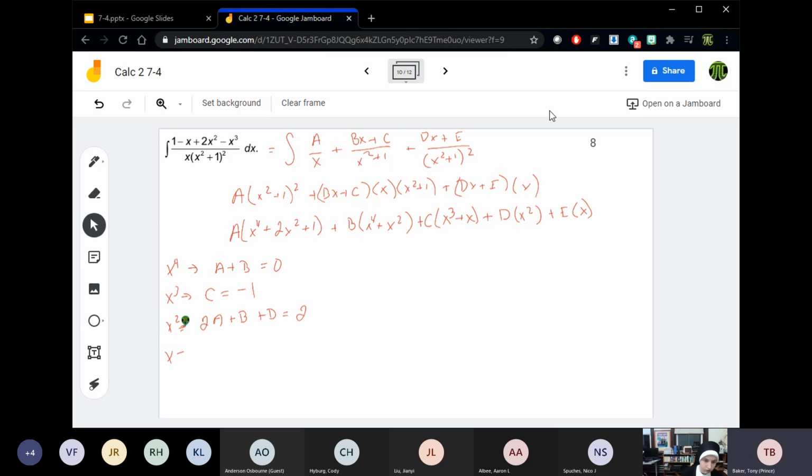The x term, I have C plus E, and that equals -1. And then the constant term, which is 1, I have A, and that equals 1.